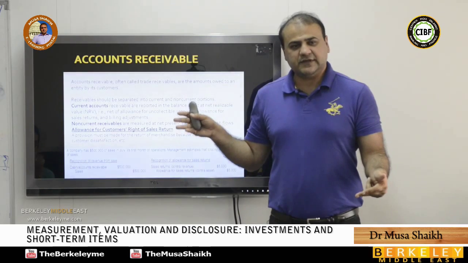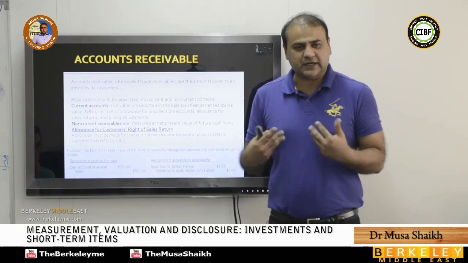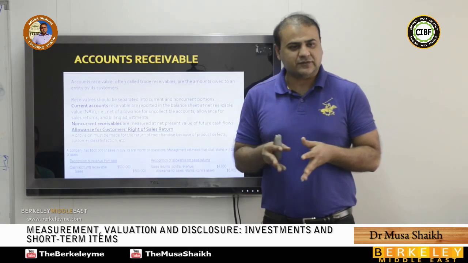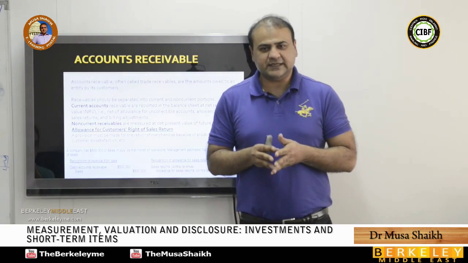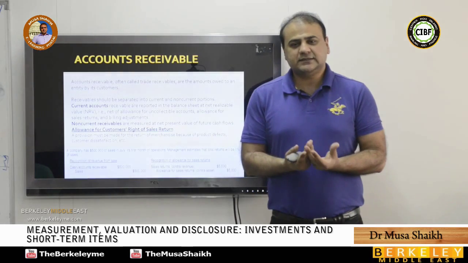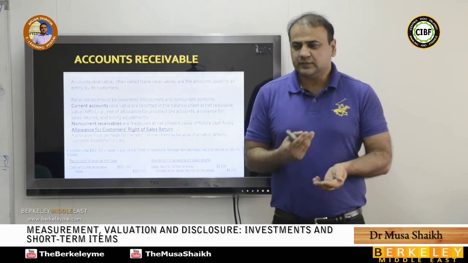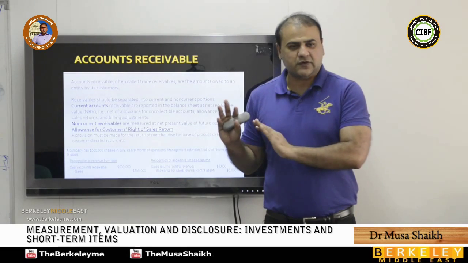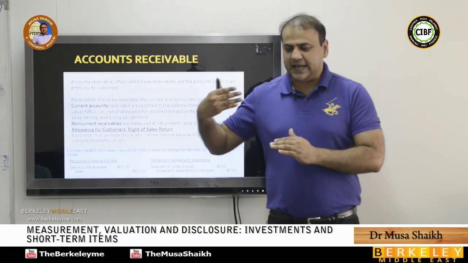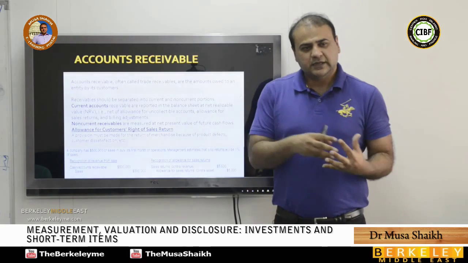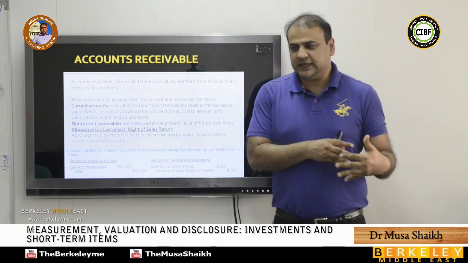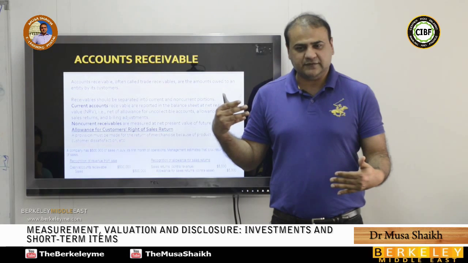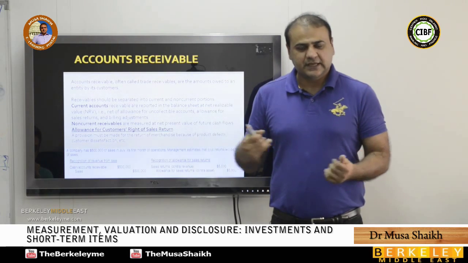We didn't receive cash, but we are expecting to receive it. This is the basic entry to recognize our sales. Suppose we get money from the sales, so this receivable is now finished. We credit the receivable account, and whatever bank or cash we receive will be debited.